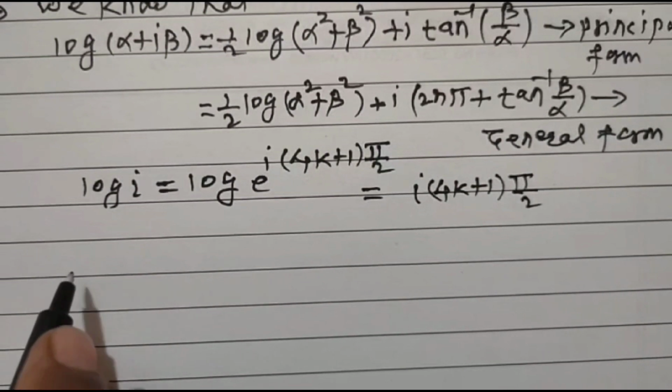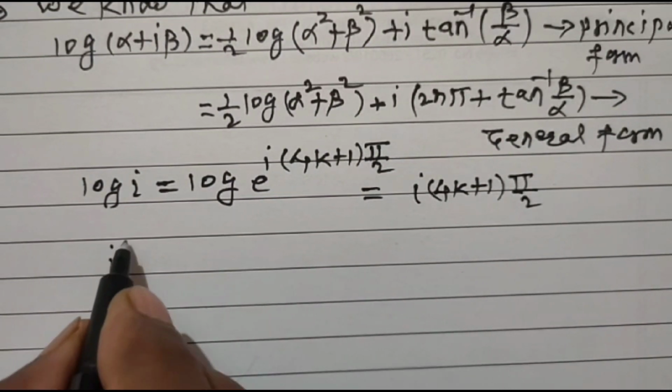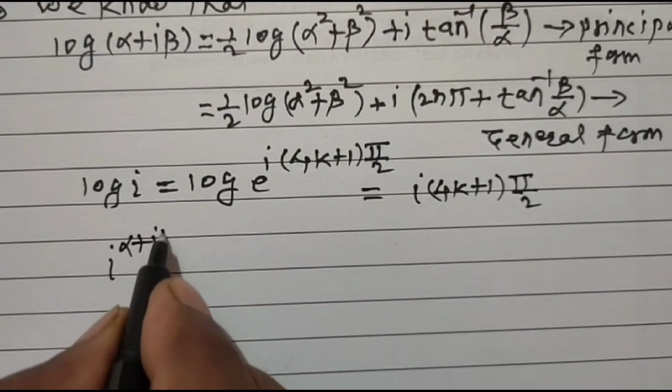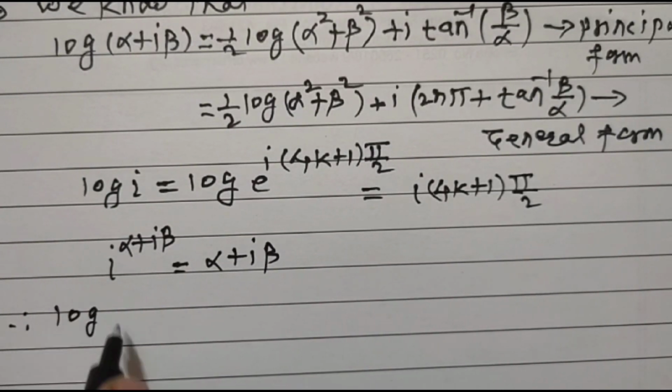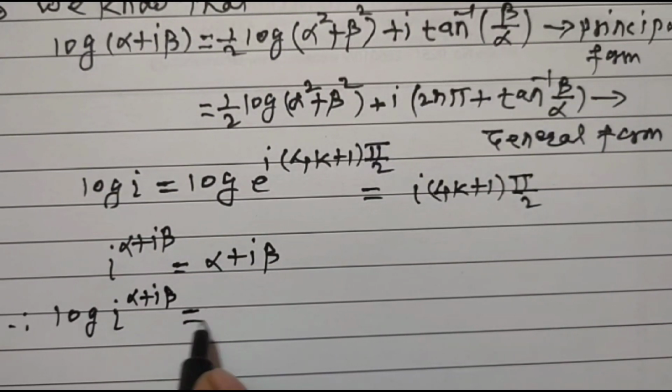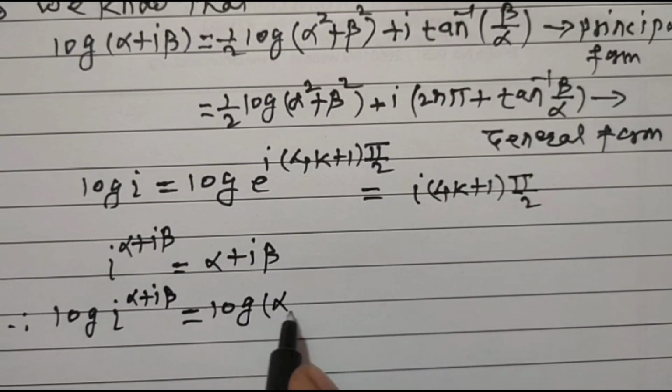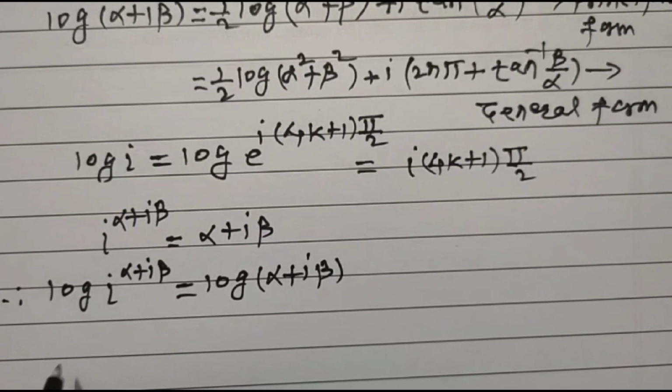Now take log on both sides of i to the power alpha plus i beta is equal to alpha plus i beta. Hence logarithm of i to the power alpha plus i beta is equal to alpha plus i beta into logarithm of i.